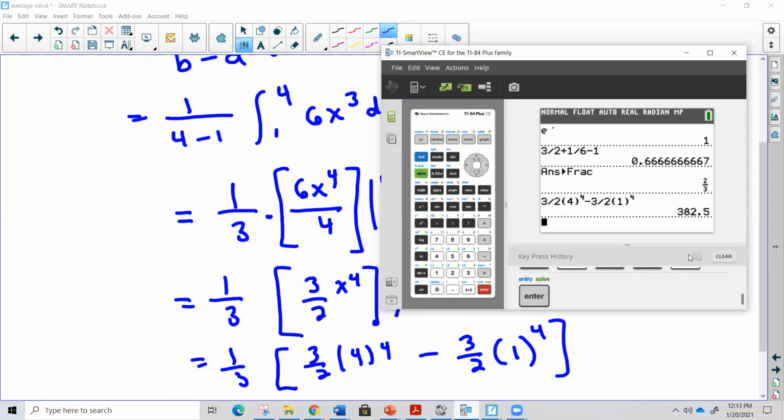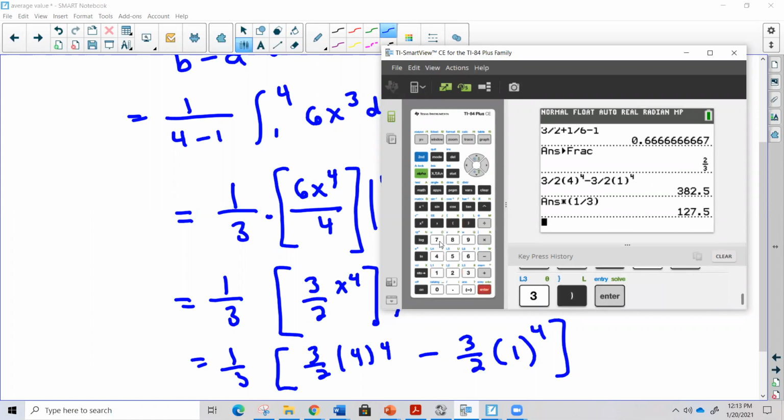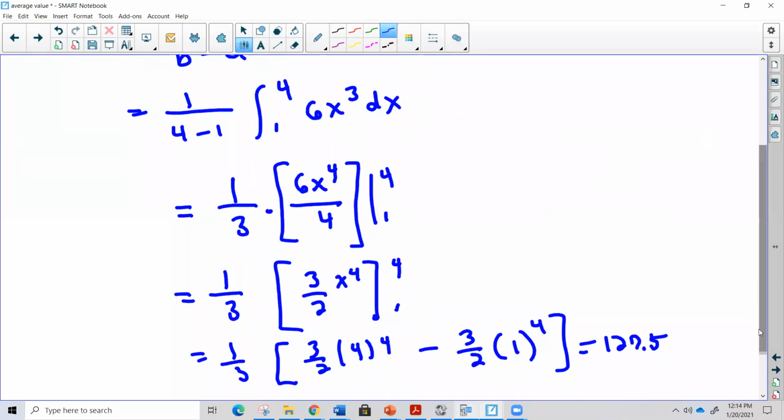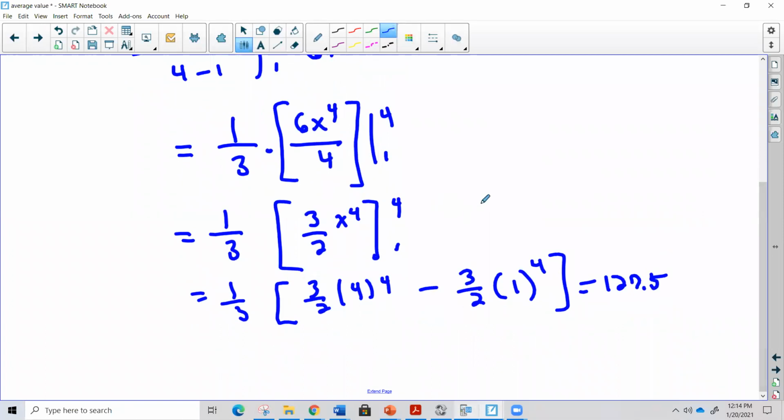So I get 382.5, and then I multiply that by 1/3, and I get 127.5. Because it's a decimal that terminates, you can put 127.5, or you can write it as a fraction.